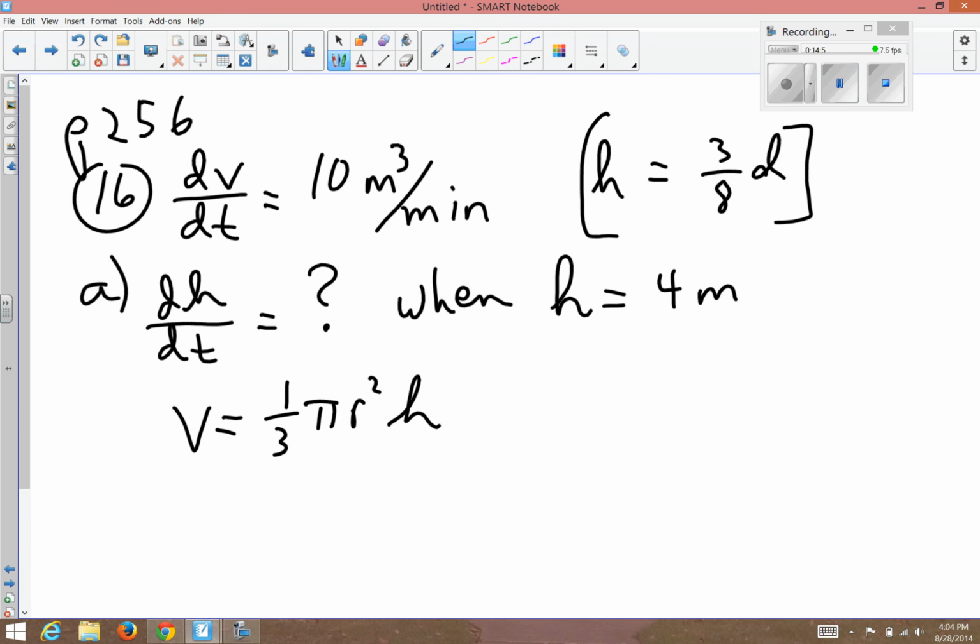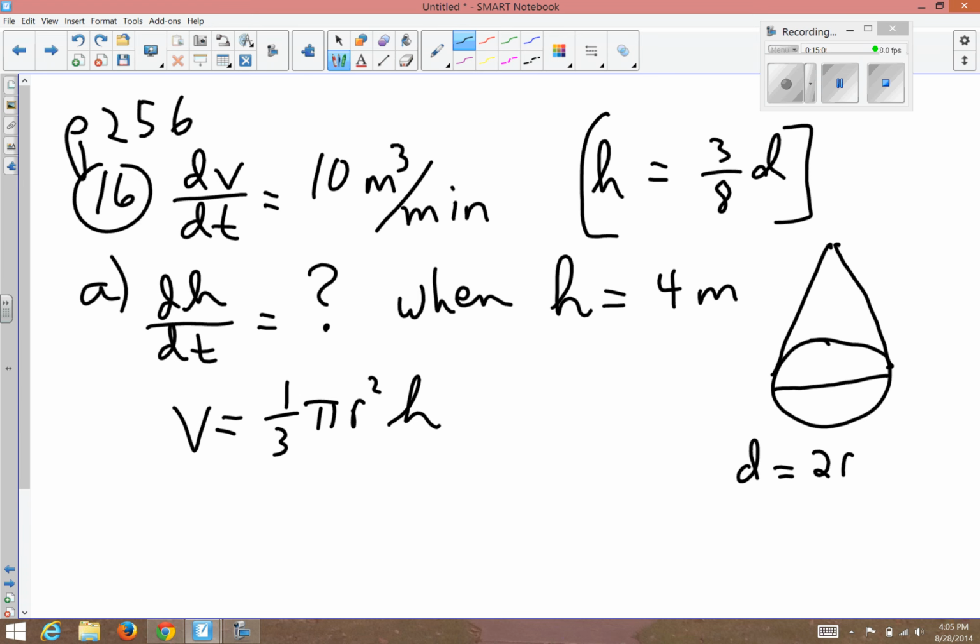What we do is first know that the diameter of the base of the cone, all the way across, is d. The diameter of a circle is always 2 times the radius.